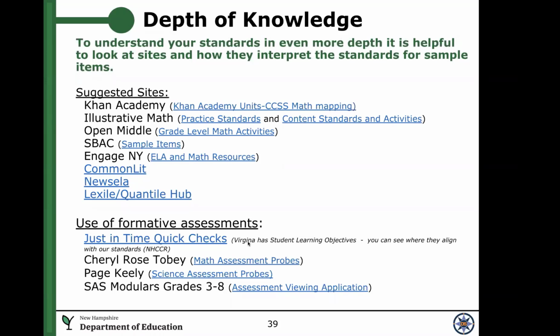So those are some nice formative assessments we have there, and then some other links for formative assessments. Obviously, these are grades 3 through 8 for the New Hampshire modulars, but again, as teachers that are getting our skills for our specific grade levels to get students ready for 3rd grade and all the New Hampshire SAS stuff, sometimes those are really good things to be looking at.